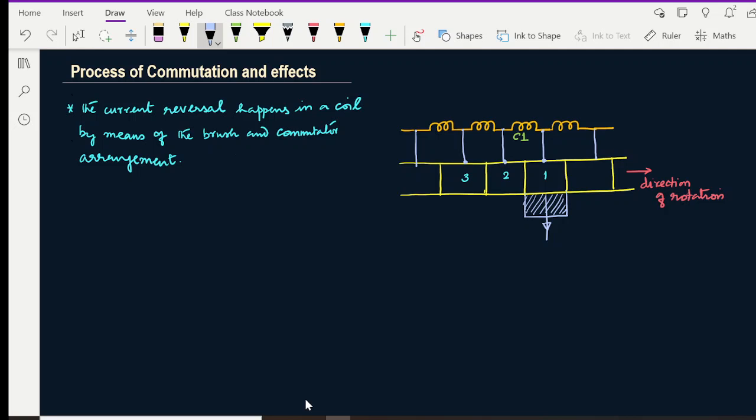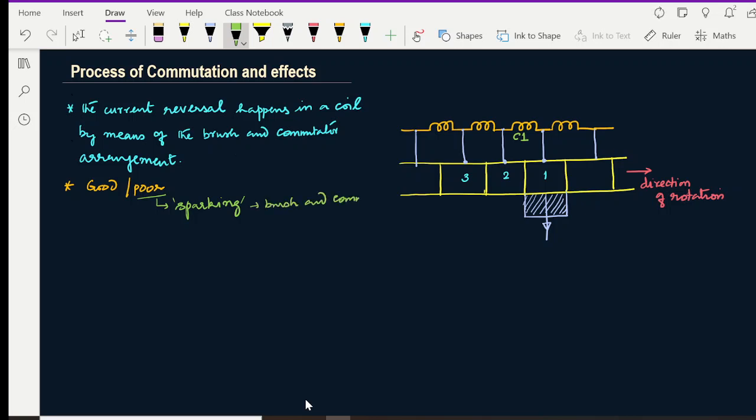When it comes to the process of commutation, people call the commutation process good or poor. When you say the commutation process is poor, there is a chance that there is sparking at the junction, or at the meeting point, of brush and commutator.